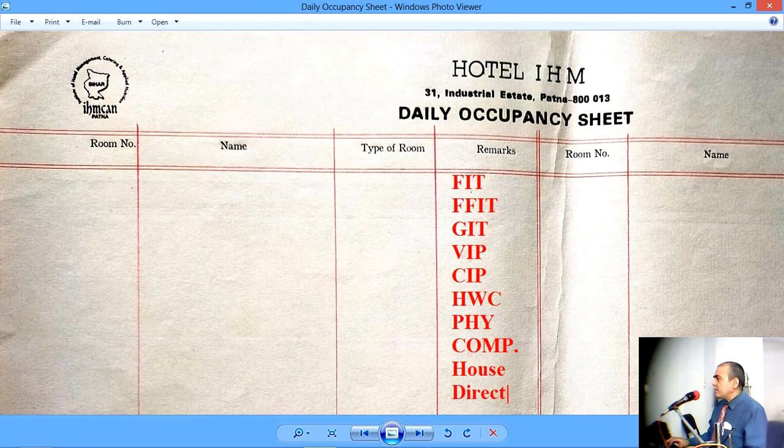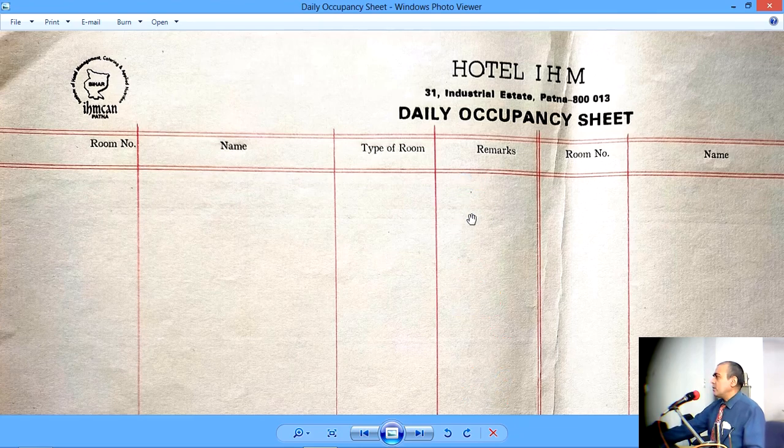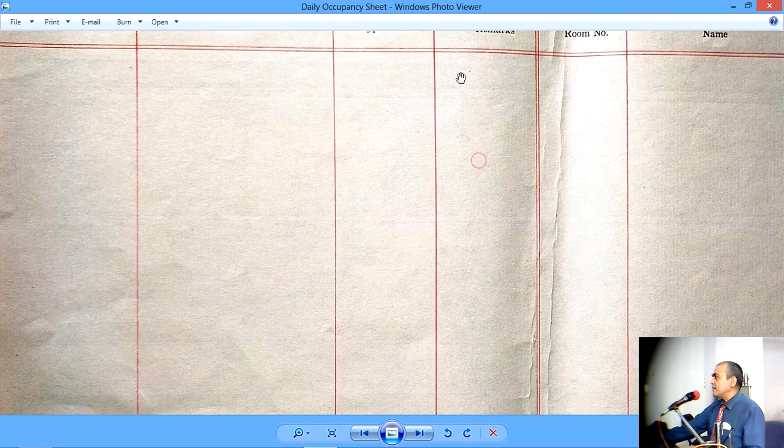Then we could also have things like, let me just go down. We could also have things like whether it is bill to company, whether it is meals and accommodation, I think voucher, what is that known as?